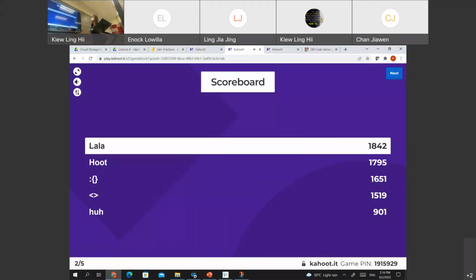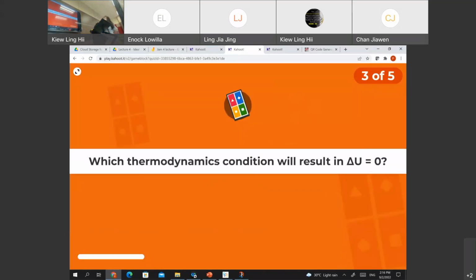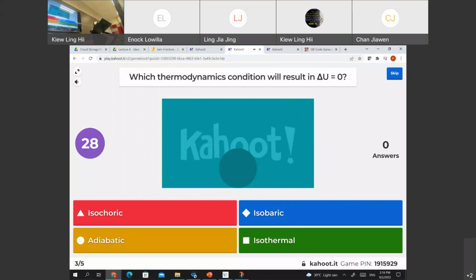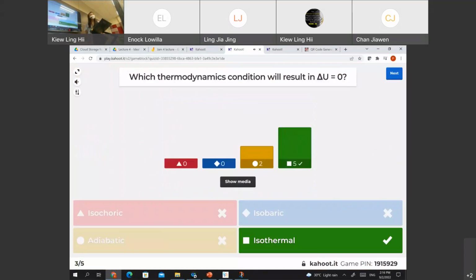Question 3. Which condition will result in delta U equals to 0? Okay, delta U equals to 0 because there is no change in temperature.